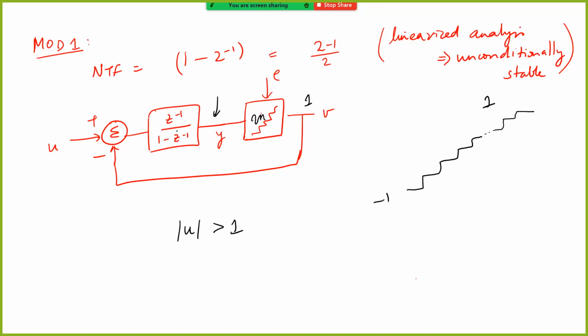Let's say, for example, U is equal to 1.3, and you keep feeding back 1. You keep accumulating 0.3, accumulating, accumulating, and this Y will keep growing.